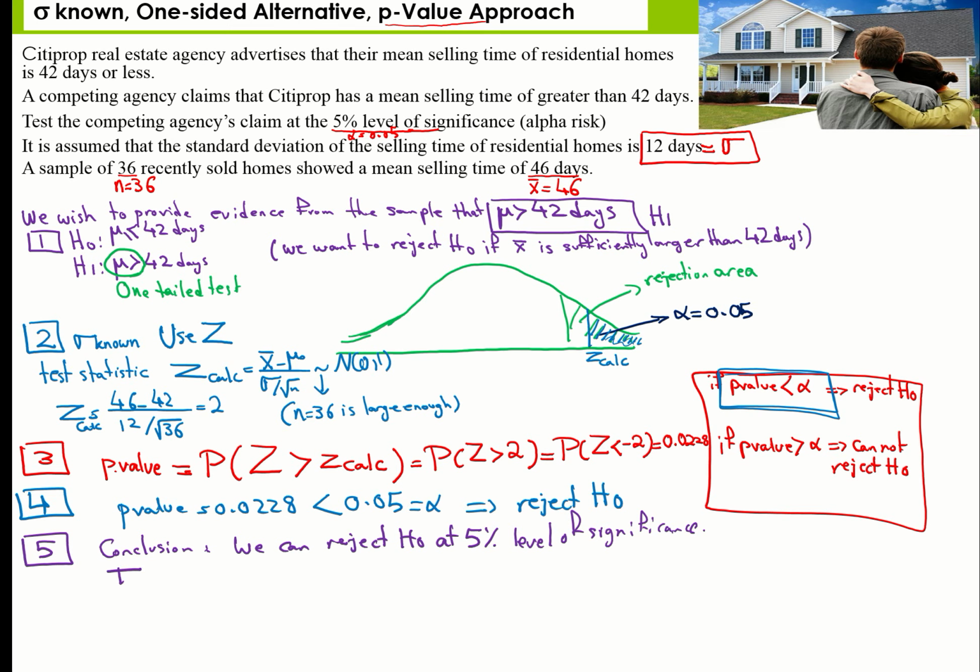It means that the sample provides enough evidence against H0.